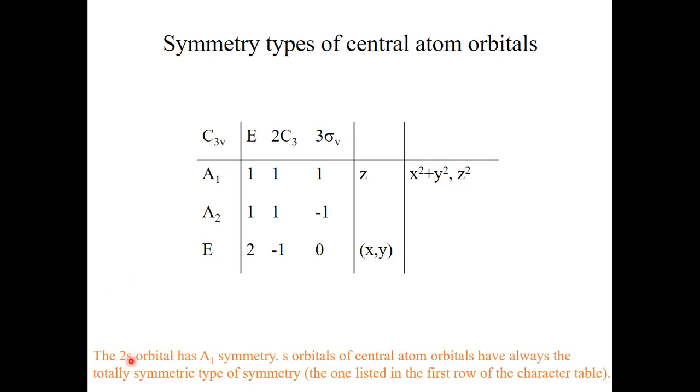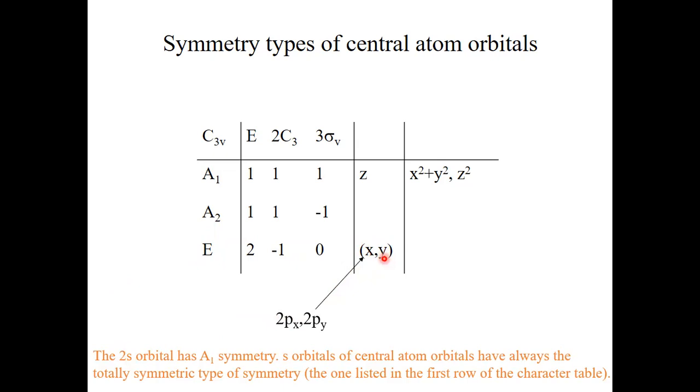Then what about the 2p orbitals, which are also valence orbitals? The 2px and the 2py have E-type symmetry, because you see they're in the row for the symmetry type E. You see also they are in parentheses.